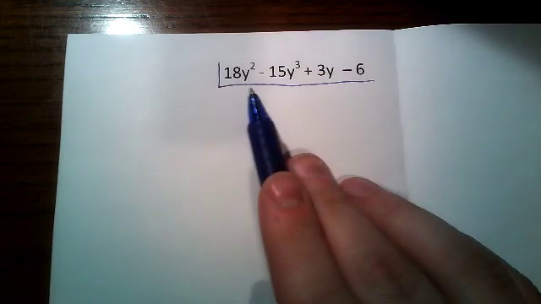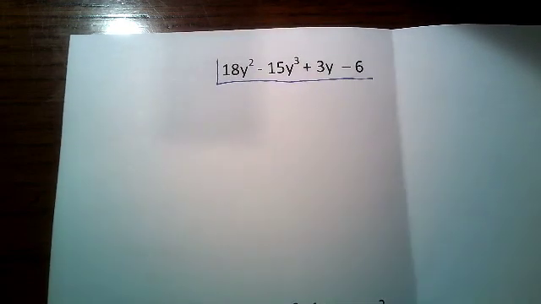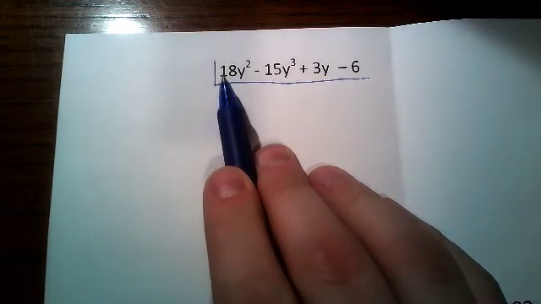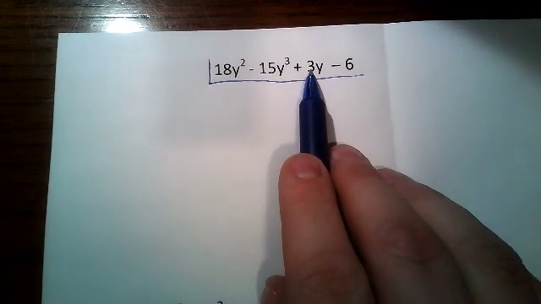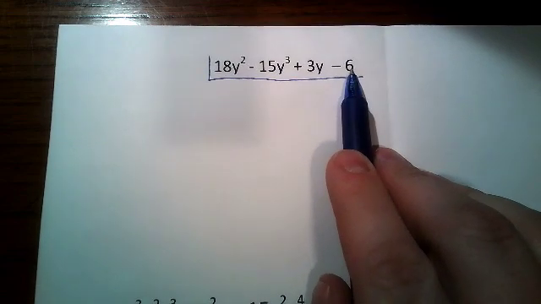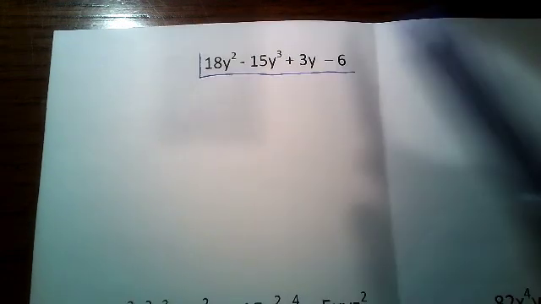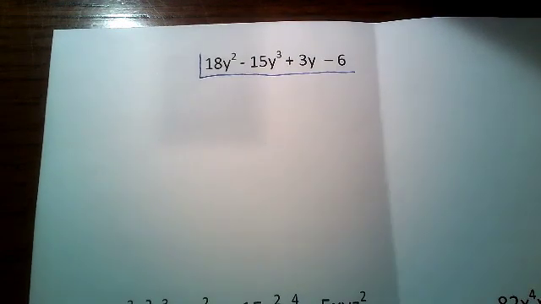Okay, so let's first look for a number. What is a number that could multiply into 18, 15, 3, and 6? Or what number do those all have in common? And so right away I see that these are all multiples of 3. So I can take a 3 out of all of them.